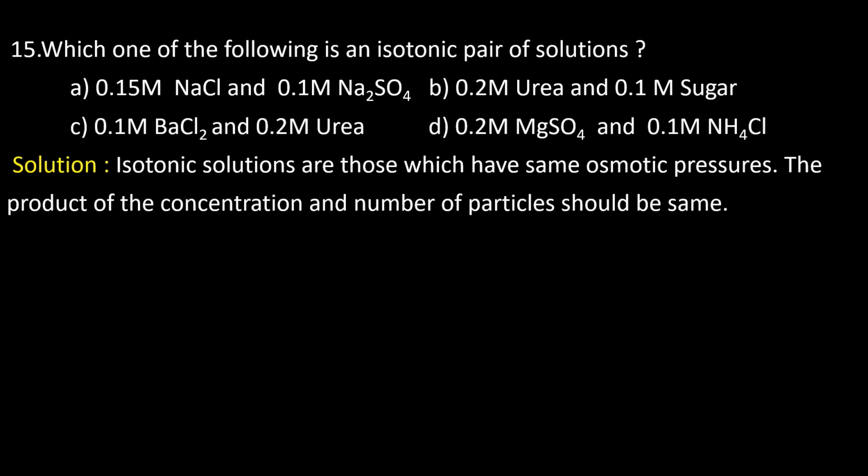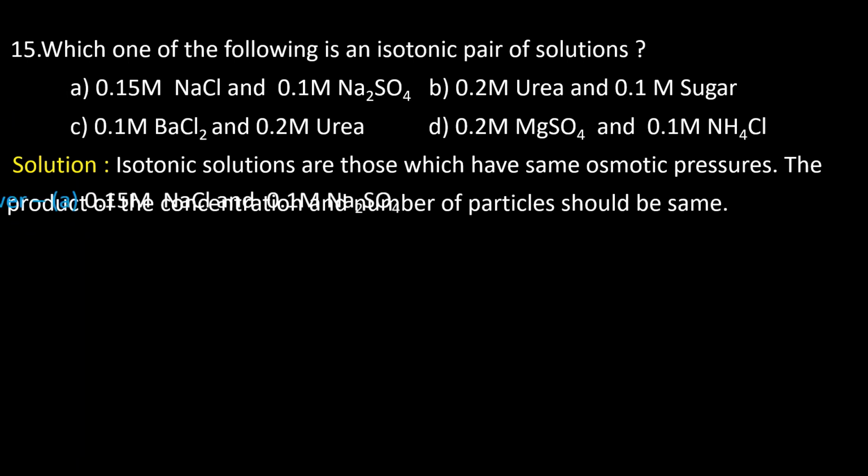The product of the concentration and number of particles should be same for these isotonic pair of solutions. So whichever pair has the same product of concentration and the number of particles, then that pair will be having the same number of particles, and that will form the isotonic pair of solutions.